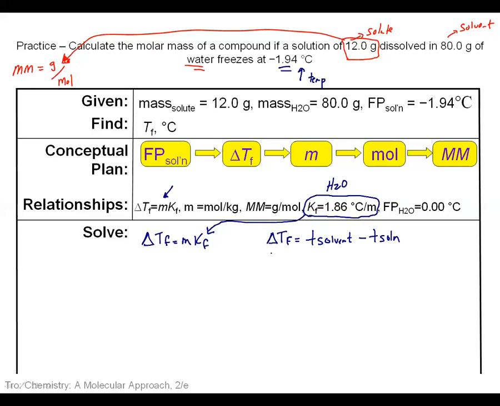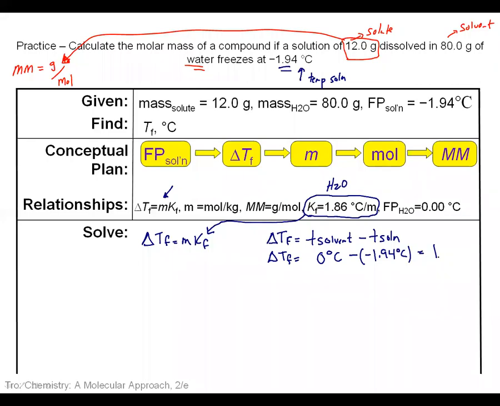So when we put it into this equation to find the change in freezing point, our solvent, water, normally freezes at 0 degrees Celsius, minus this solution, which will freeze at minus 1.94 degrees Celsius. That means our change in freezing point temperature is 1.94 degrees Celsius, and it is positive.